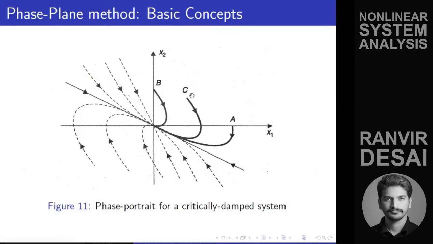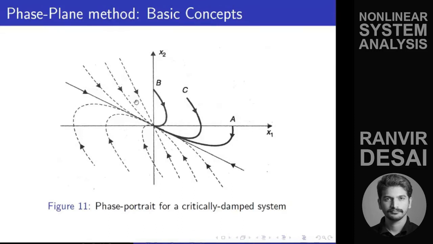The third one is x1 and x2. So if you have both initial conditions, it will start at this point. See, it is not necessary that it will go like this only. It may go counterclockwise also. It depends on the system behavior. It depends on the equations that you have for x1 dot and x2 dot.